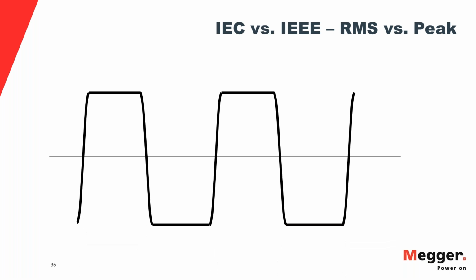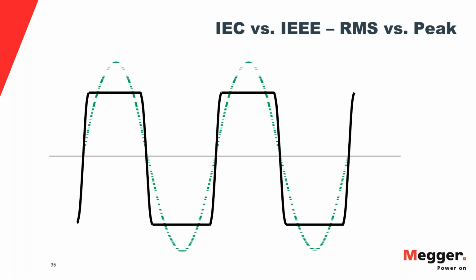So you have your cosine rectangular waveform, and this is how IEC defines the test for the sinusoidal test set. Again, remember, in IEC everything is in RMS. That means if you want to use a sinusoidal test set, the RMS value needs to be the same as the cosine rectangular, which means the peak will be 41% higher.